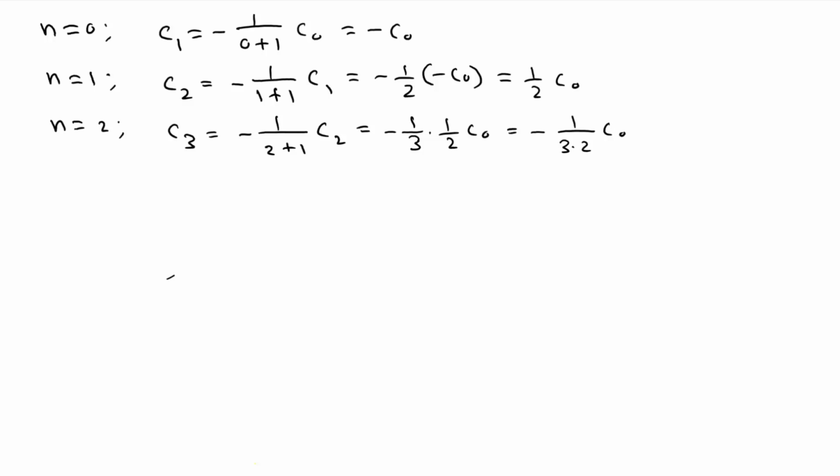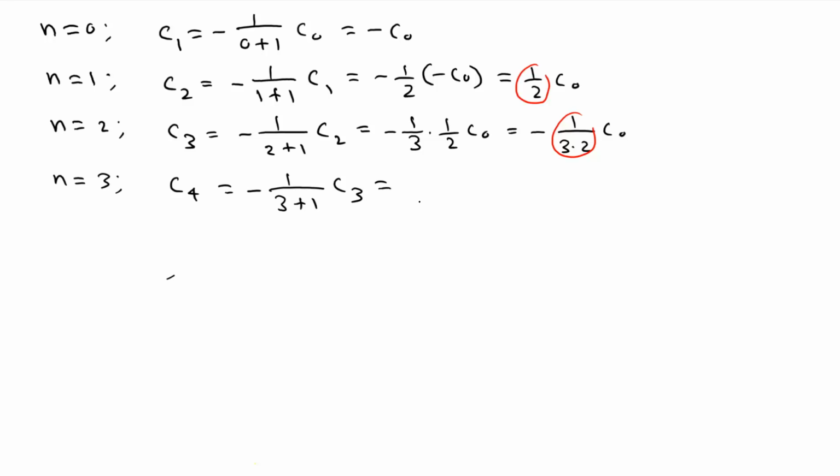So it looks like we are getting factorials. If you look at these terms, it looks like 1 over factorial 2, 1 over factorial 3. Let's see. And then we're going to plug in n equals 3. So what's going to happen? c4 equals negative 1 over 3 plus 1 times c3.